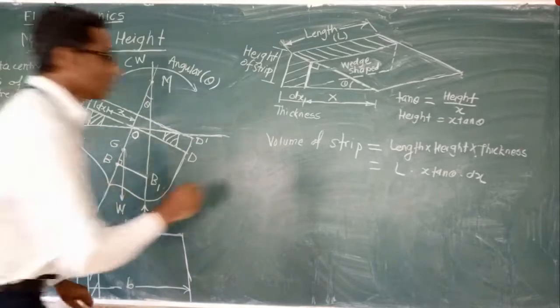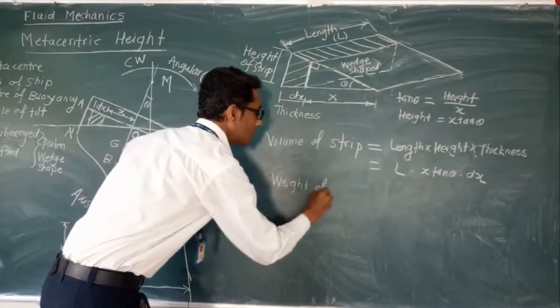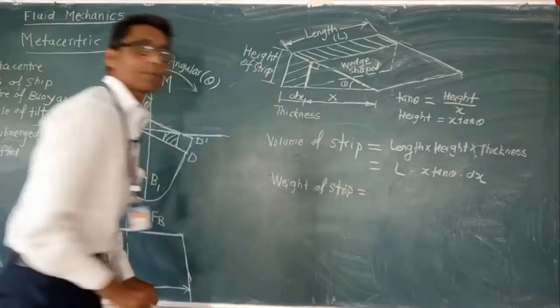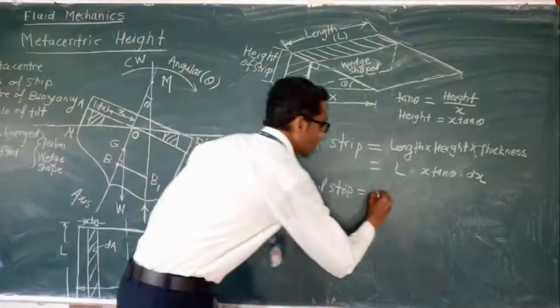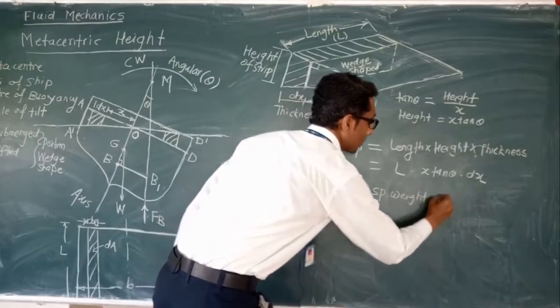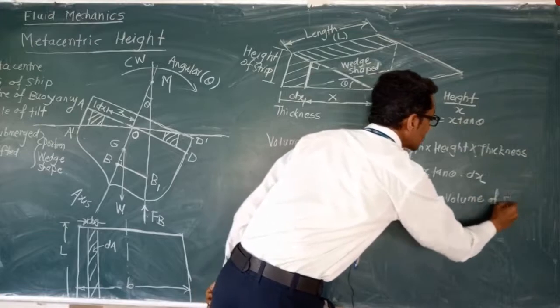Okay, now we have weight of strip. Now weight of strip means what? Product of specific weight into volume of strip.